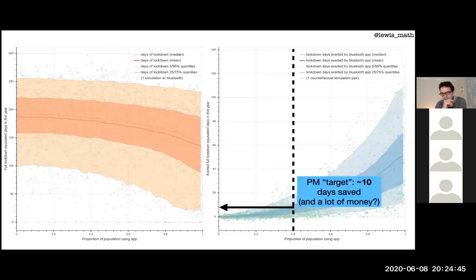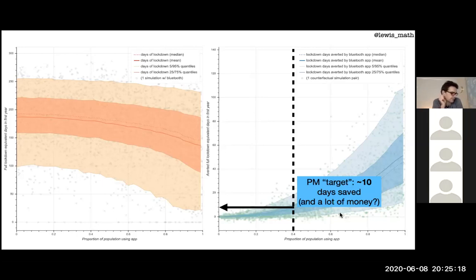And so you can ask, what about the PM's target? So the original target of 40% of the population downloading the app. Well, that's a little bit better, but not much. If 40% of the population downloaded the COVID Safe app on day one, I suppose, in this model, then that would have saved somewhere around 10 days, or 2 weeks' worth of lockdown, which doesn't seem like a lot for downloading an app.